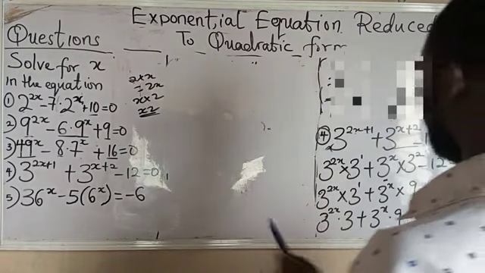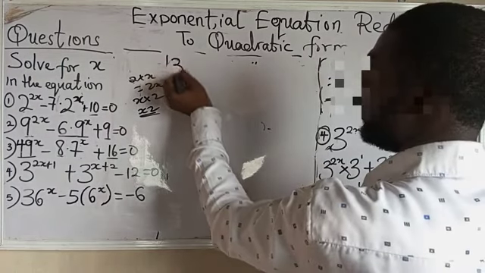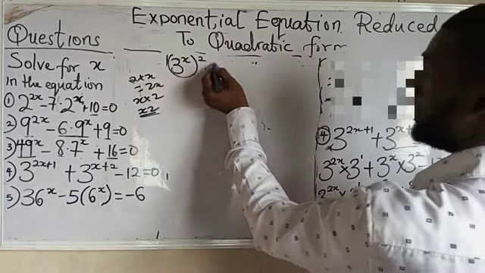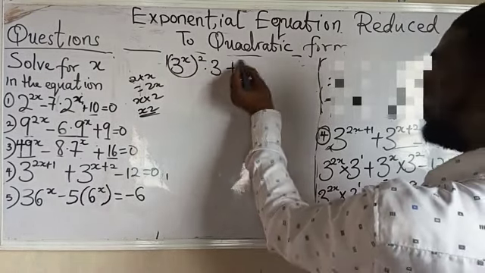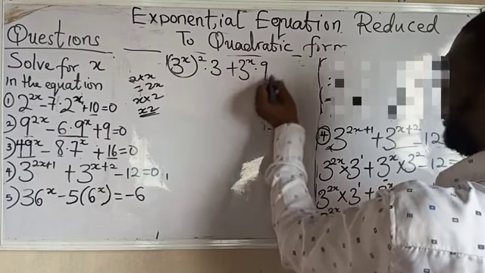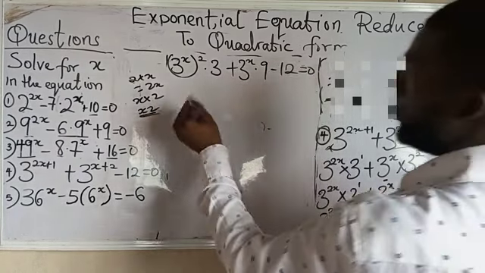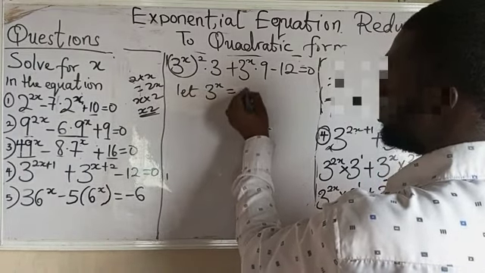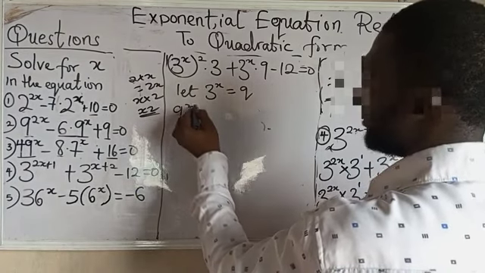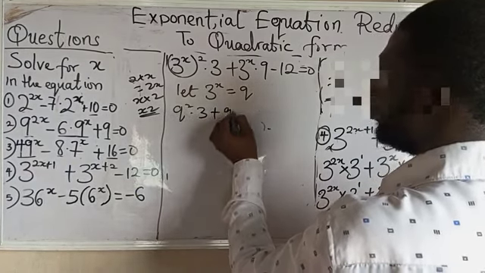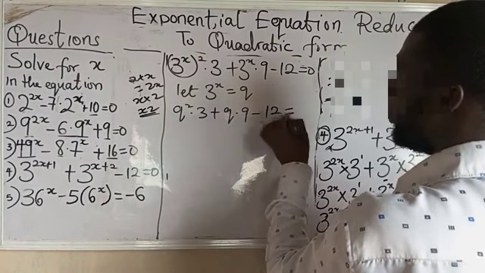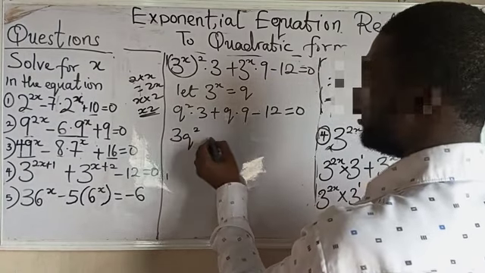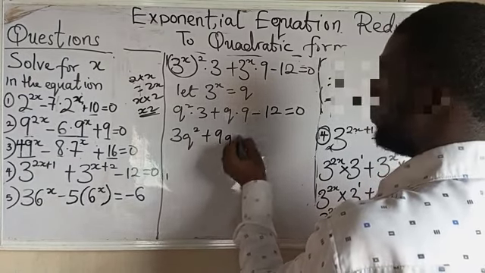Now I can say this 2x can be written as 3 raised to power x, all squared, since I've swapped the position, dot 3 plus 3 raised to power x dot 9 minus 12 equals 0. And I can say let 3 raised to power x equals q. So we have q squared dot 3 plus q dot 9 minus 12 equals 0. So we have 3q squared plus 9q minus 12 equals 0.